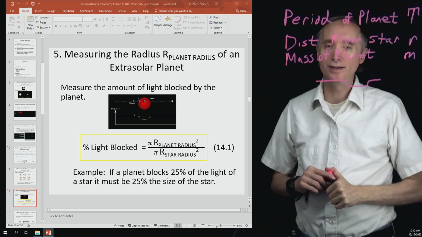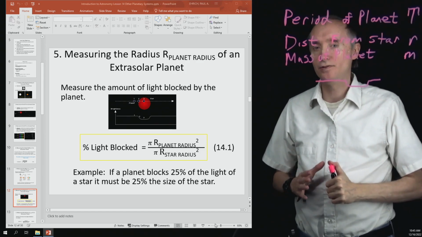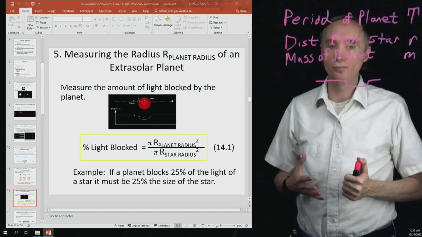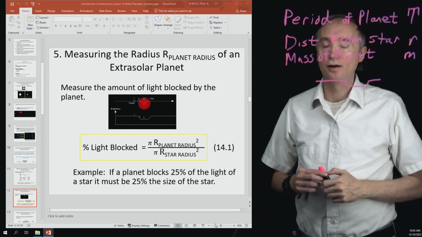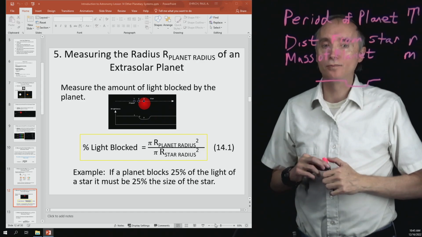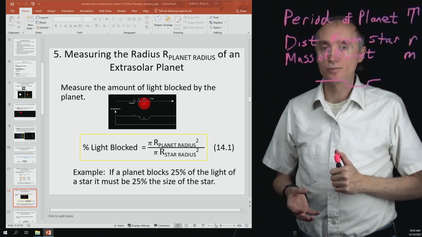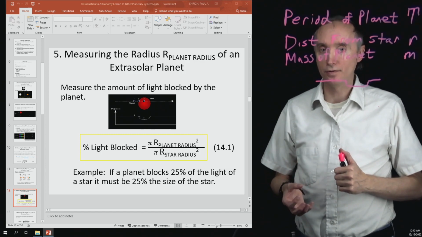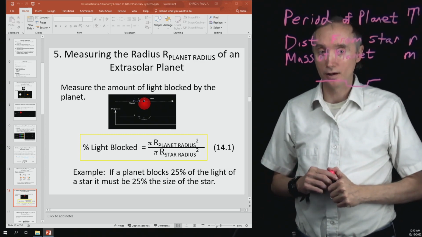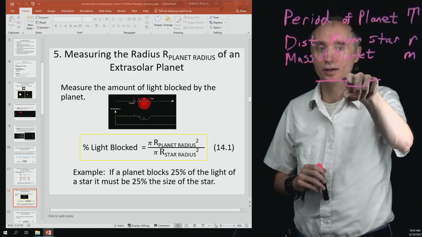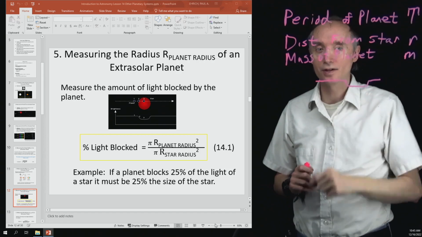Well, I'm making it out to be a lot easier than what it is, because let's go back and talk about Jupiter, for example. Jupiter was 1/10 the size of the sun, which means it's 1/100th the area of the sun, which means that the dip in the brightness of the sun is going to be about 1%.